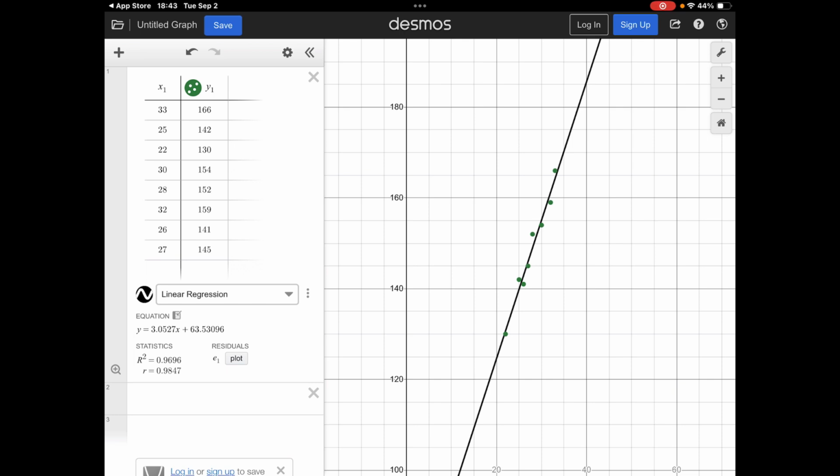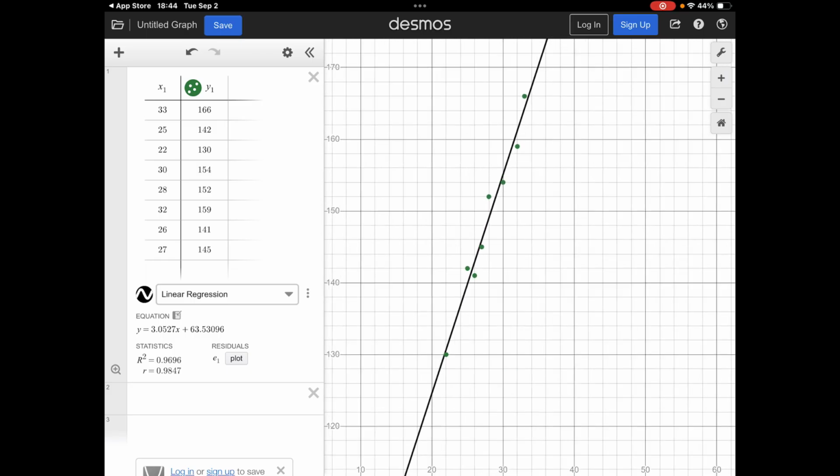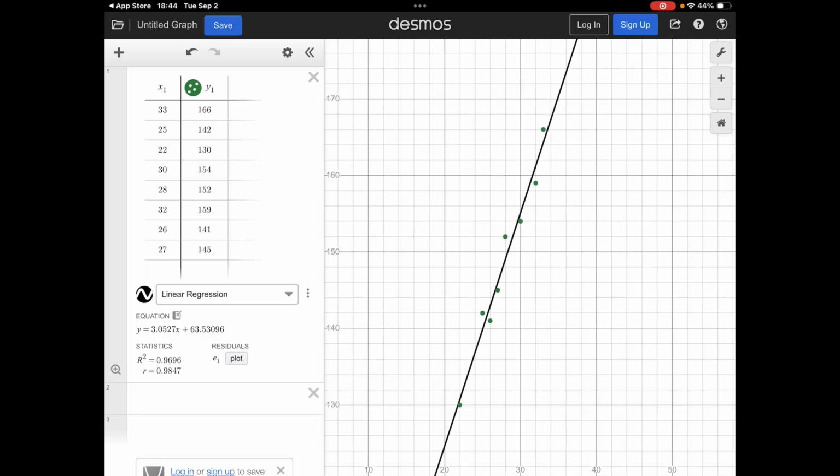Keep in mind I'm on an iPad, so it's not going to be exactly the same as what you have on the laptops. But in my left corner here, I have this table button that I pressed and physically plugged in my chart. So I've used all my X's, then I plugged in all my Y's. And after that, it physically plotted the graph for me to create these points.